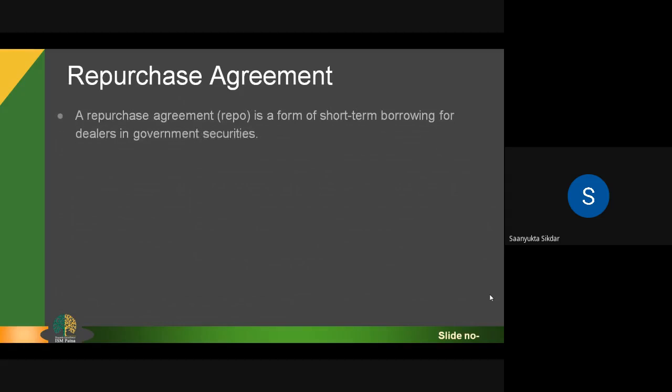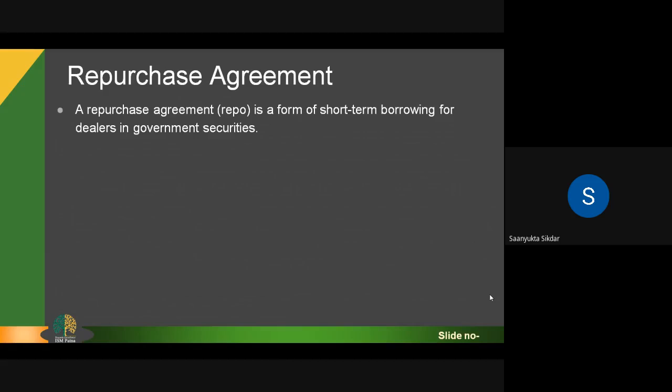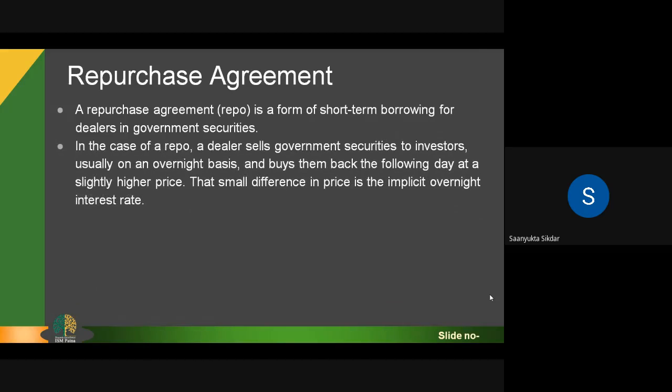The fourth category is very important, that is the repurchase agreements. In our previous lecture, we have seen repo rates, the repurchase agreement that was made by the commercial banks with the RBI. That was the repo rate, deciding what should be the rate. Another is the repurchase agreement, which can also be made by others. You can say it's like a short-term borrowing agreement for dealers in government securities.